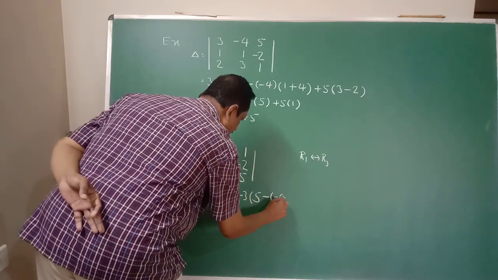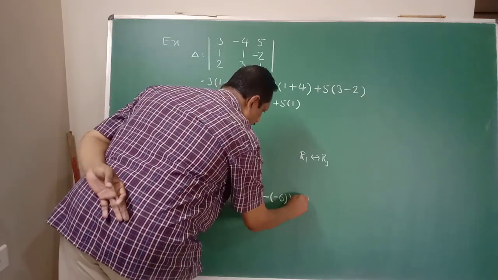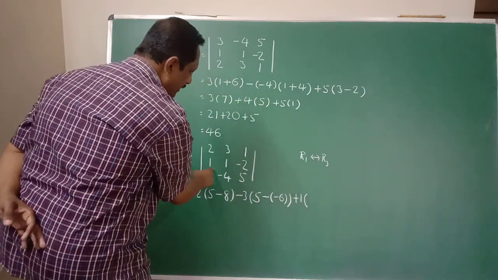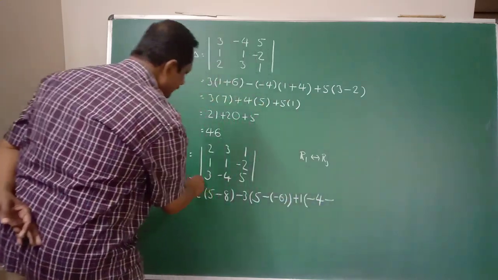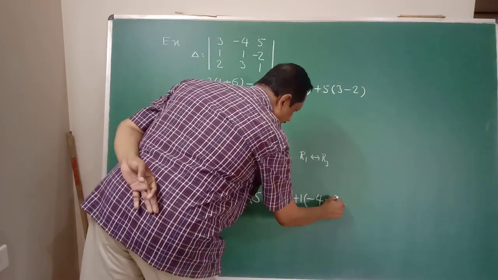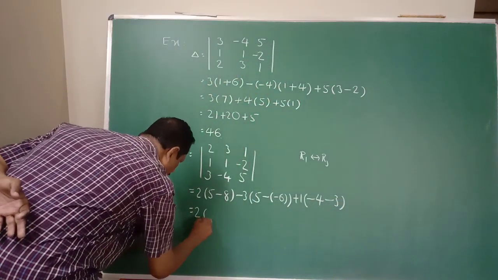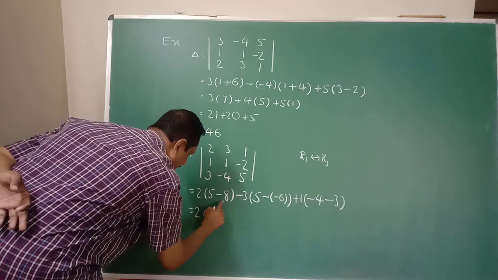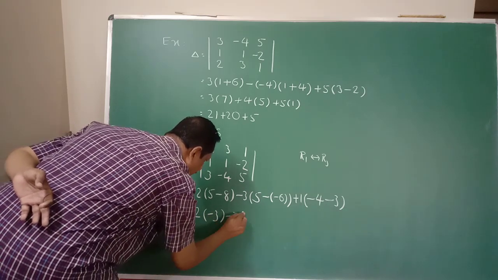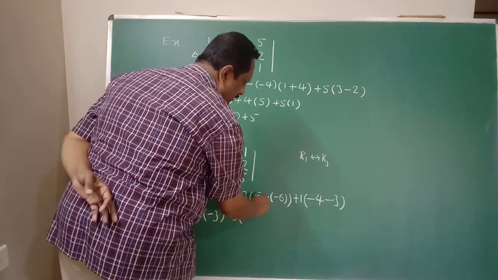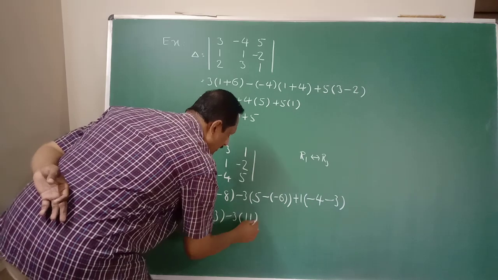Then plus 1 into bracket 1 into minus 4 is minus 4, minus of 3 1s are 3, so it is 3. Therefore this equals 2 into 5 minus 8 is a minus of 3, minus 3 into minus becomes plus, 6 plus 5 becomes 11.